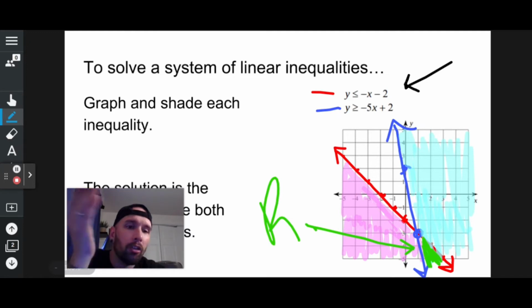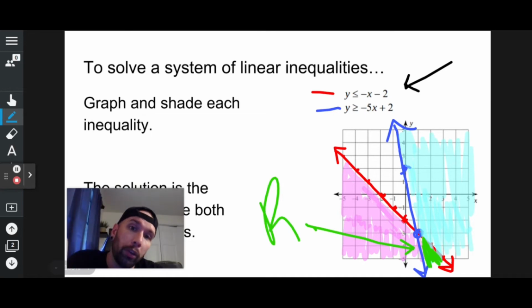So if I plug in 2, -6 here and do the math, I get -6 is less than or equal to 0, which is a true statement. And plugging 2, -6 into the other, I get -6 is greater than or equal to -8, which is also true.